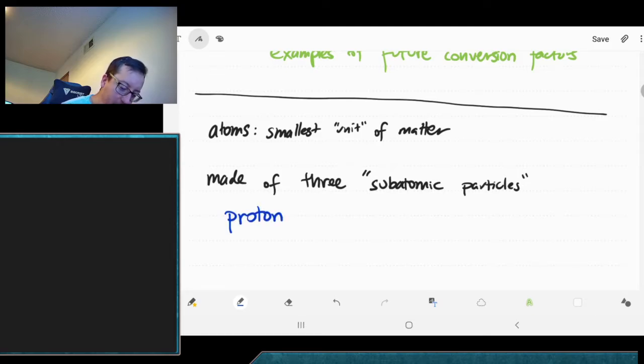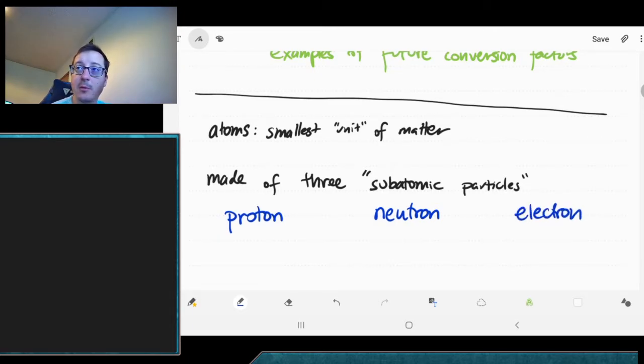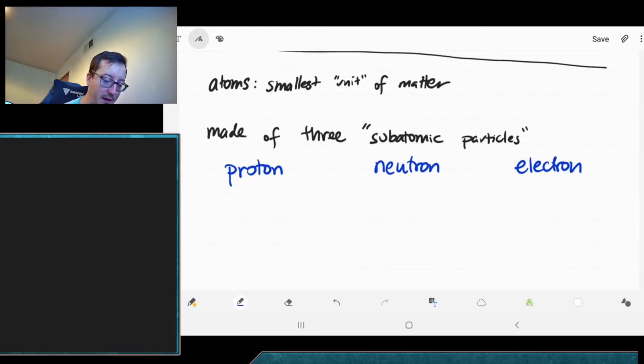Those you've heard before are the proton, the neutron, and the electron. So these are the three particles that make up all atoms, and as we know, all atoms make up everything that's made of matter. So again, mostly everything. So it all comes down to these three.